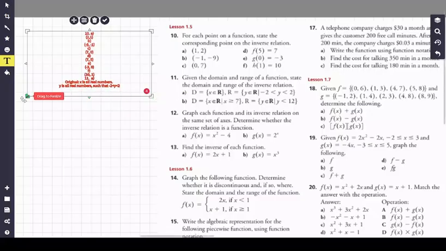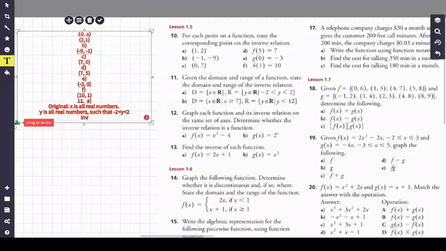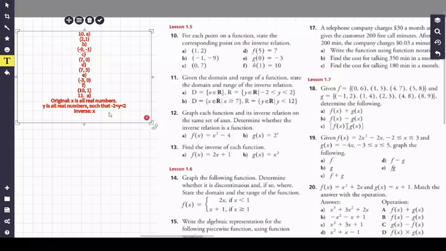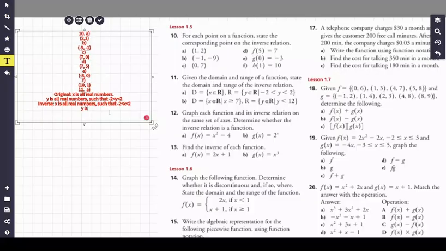For our inverse, we will have to switch these around. But instead of switching x and y, we still keep x and y, but we just switch this little additional requirement around. So x is all real numbers such that -2 is less than x less than 2. This is how it works. And now y is all real numbers.